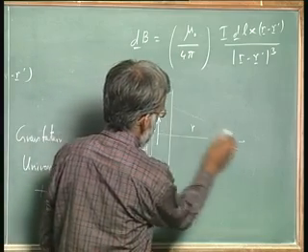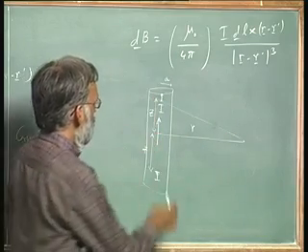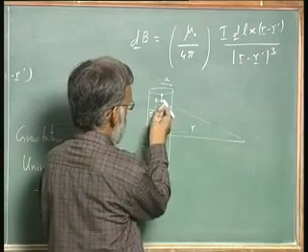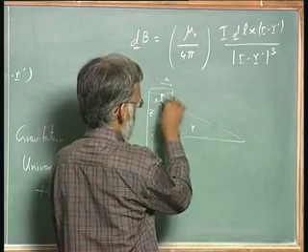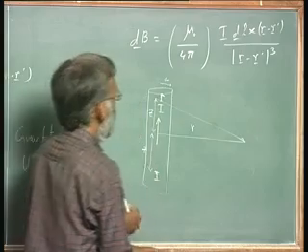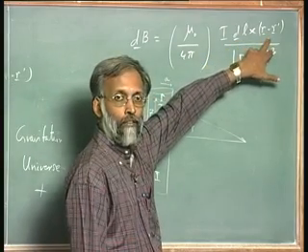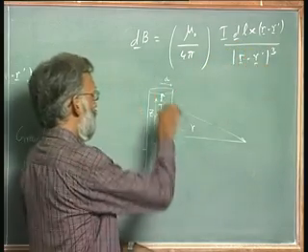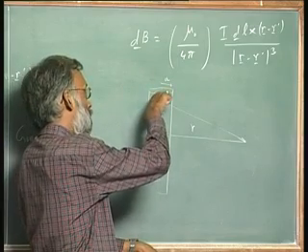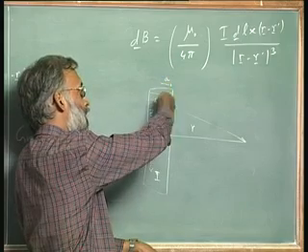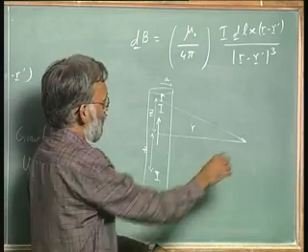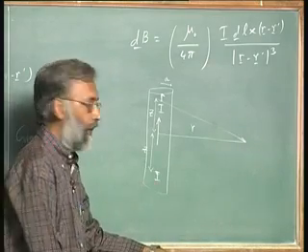If I join this current element to this observer's point, then you can see I dl cross r minus r prime, that direction. If I do the cross product, I have to use my right hand rule. That is, I take my right hand, point it into the board and try to screw a right hand screw starting from the first vector and going to the second vector. So, it gives me a value here.